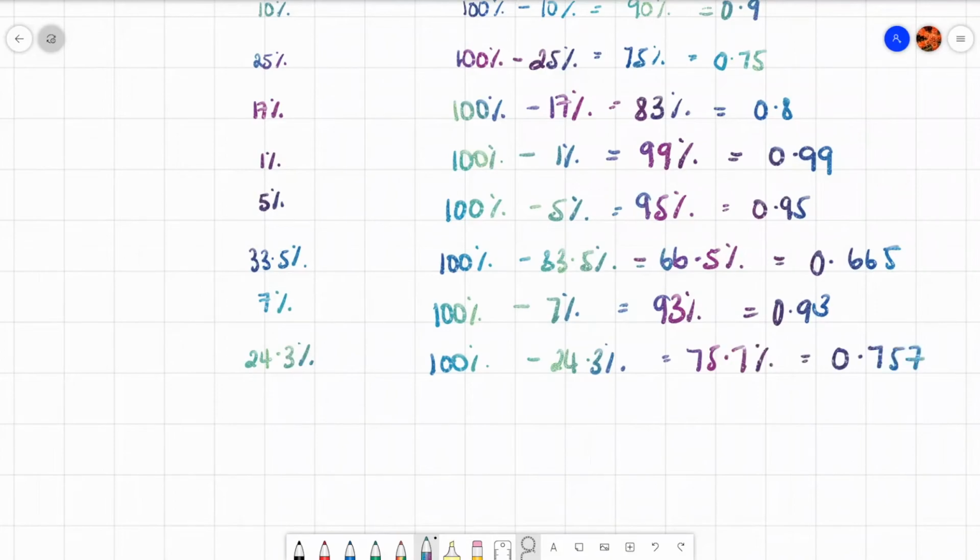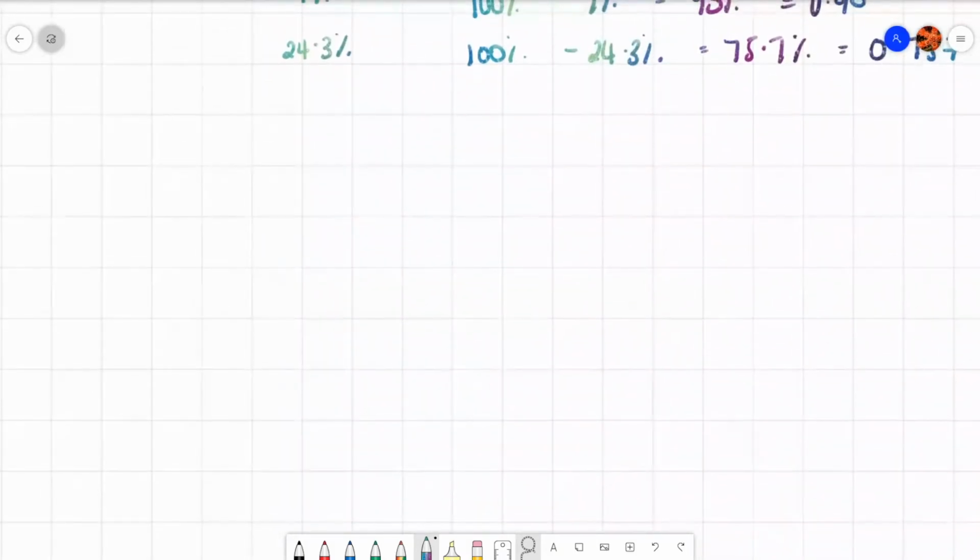Okay. Right, so let's quickly have a look at working this question out with a more worded question before we end our lesson.